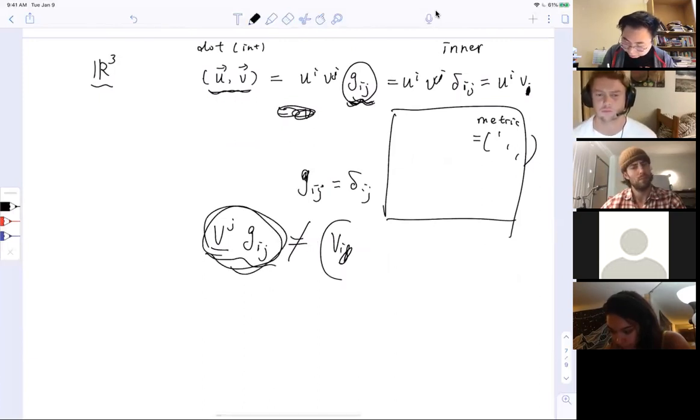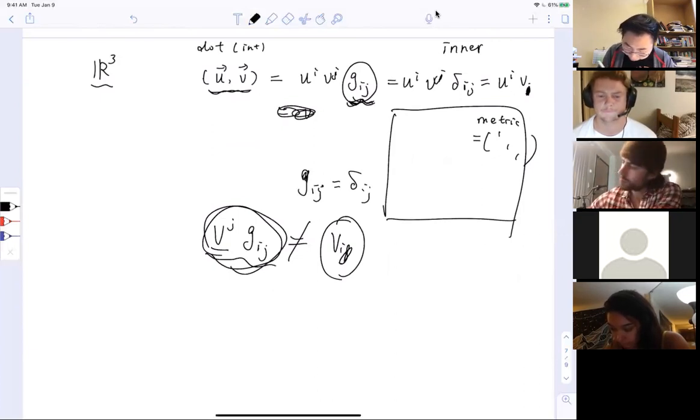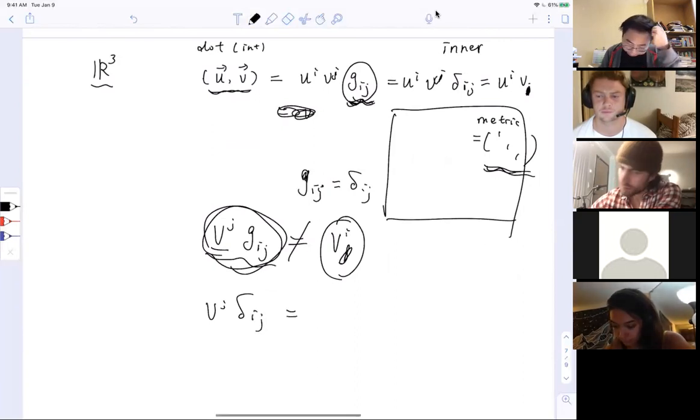In general, they are not equal. However, because you are talking about a flat space, meaning that the metric is 1, 1, 1, which is delta_ij, it really doesn't matter.